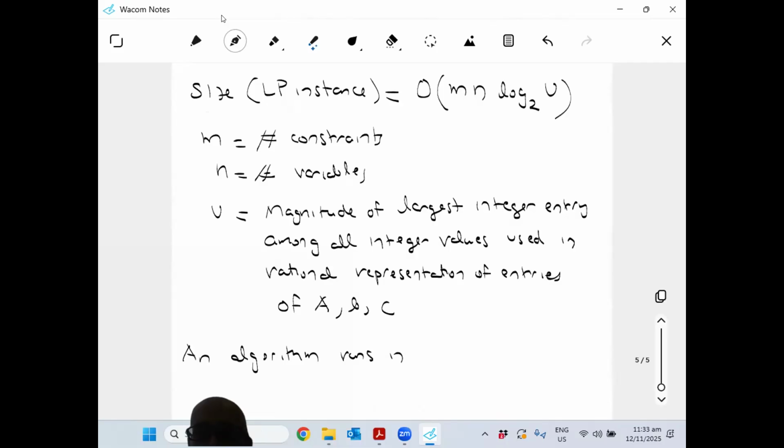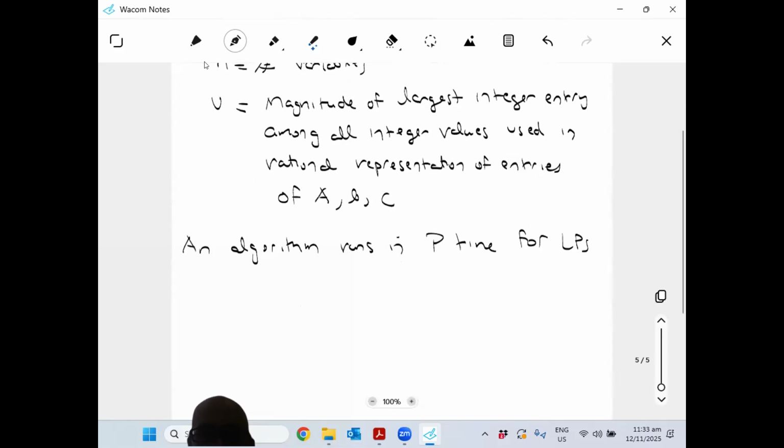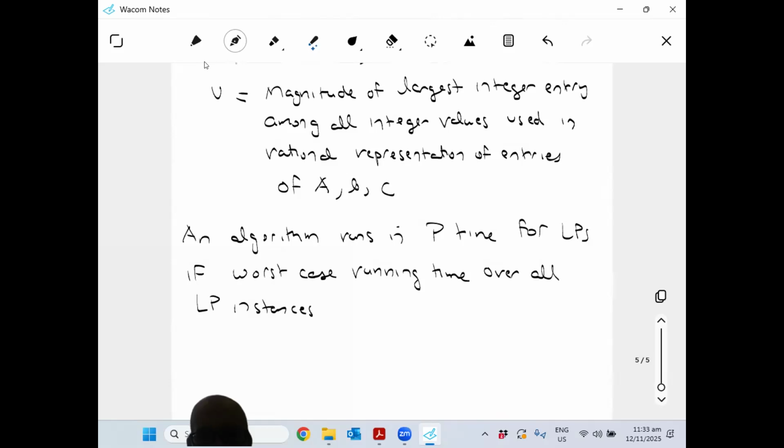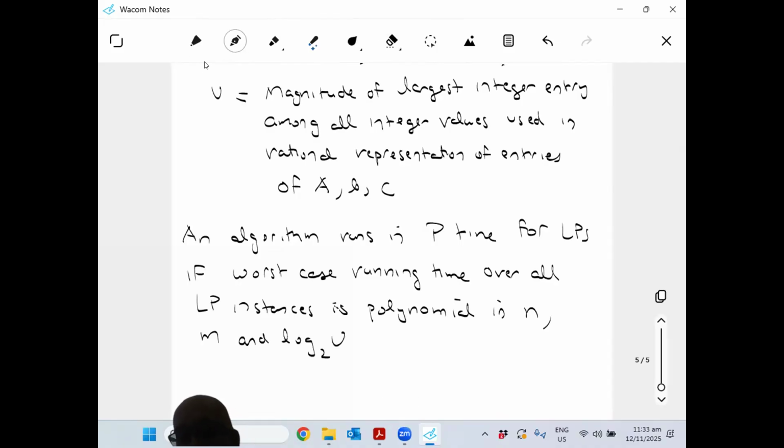An algorithm runs in polytime for LPs if the worst case running time over all LP instances is polynomial in n, the number of variables, m, the number of constraints, and log of U. So this is what it means formally to be polynomial time for LPs.